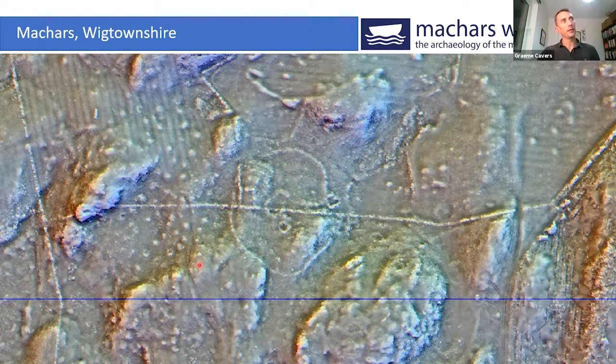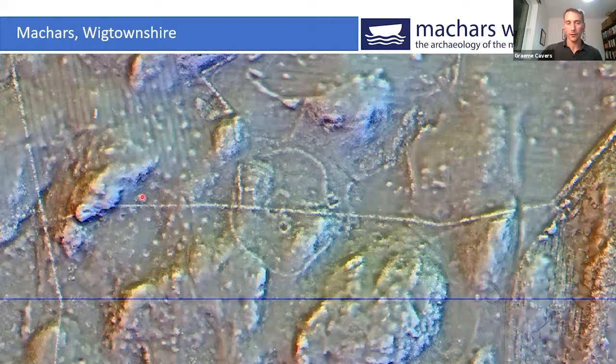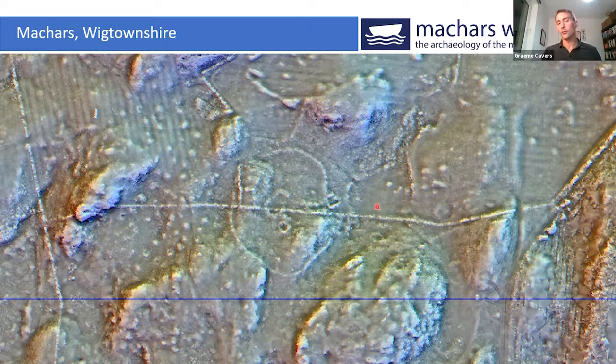There's quite an extensive cairn field to the west of this enclosure, overlain by historic agriculture, medieval, post-medieval rig and furrow cultivation, but overlying these lumps and bumps, which are almost certainly Bronze Age period cultivation, and then this circular enclosure with its buildings, who knows, somewhere in between, possibly a medieval date. So the power of LiDAR is that you're able to get so much information about what's been going on in a particular location just by looking at this data.